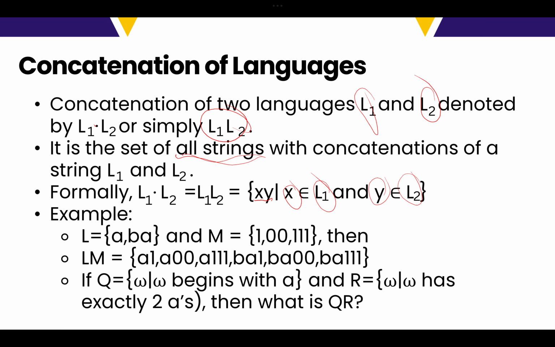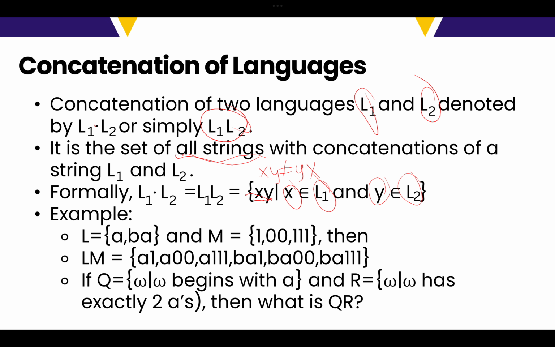So, you attach their elements. Remember, concatenation is not commutative. So, xy is not equal to yx. In xy, the string x should come first, then y's string is attached. So, that would be the result.